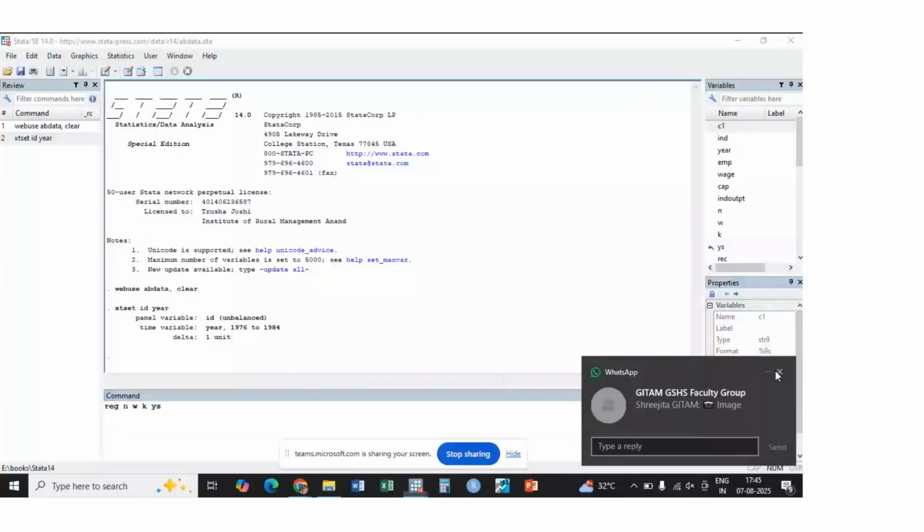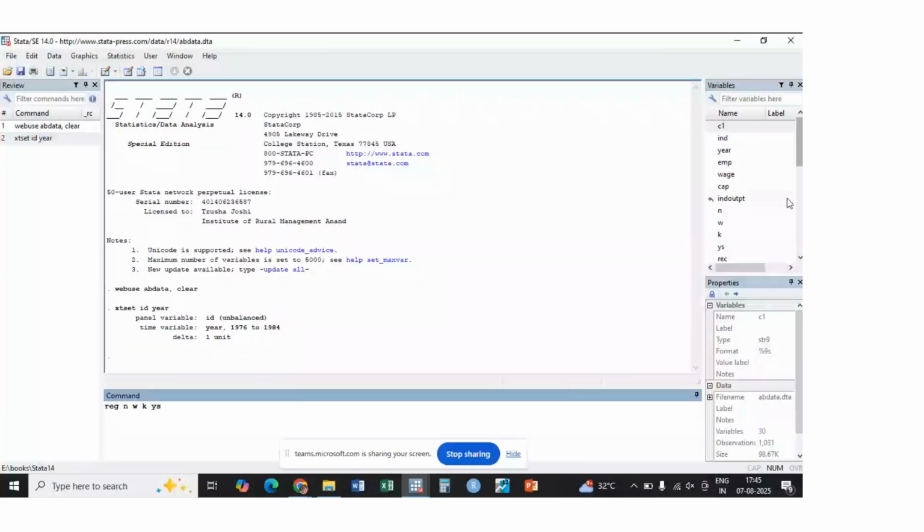And we are going to add a few year dummies because we want to account for the time effect as well. We did not consider that time effect in the model, but we are accounting for that. So we are going to add the time dummies.